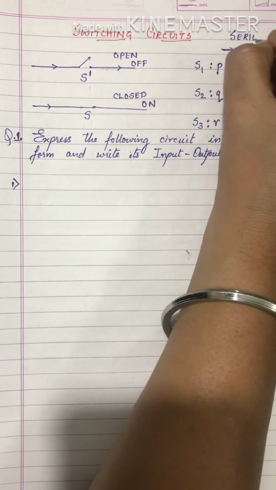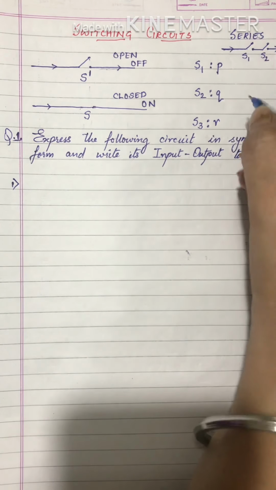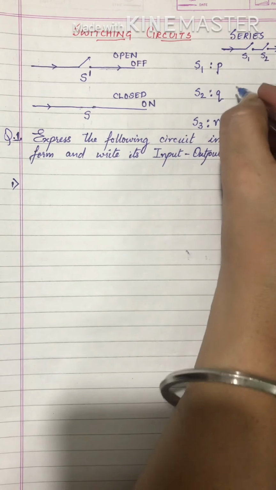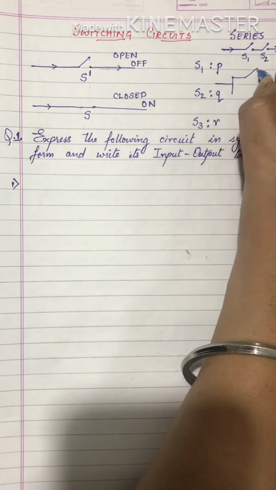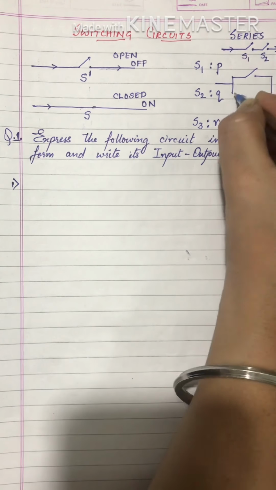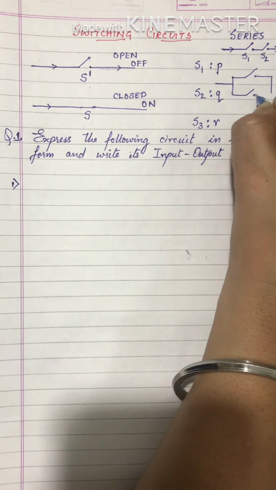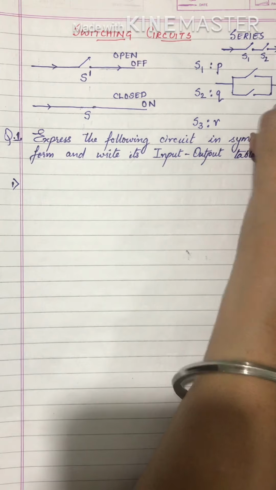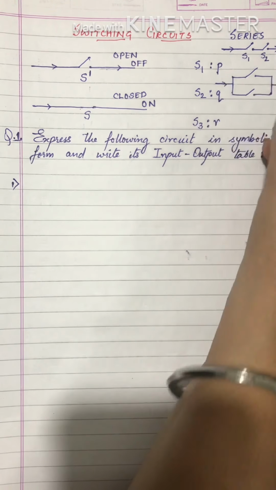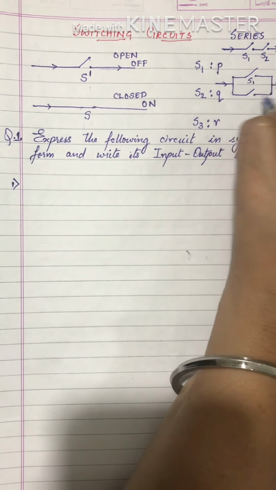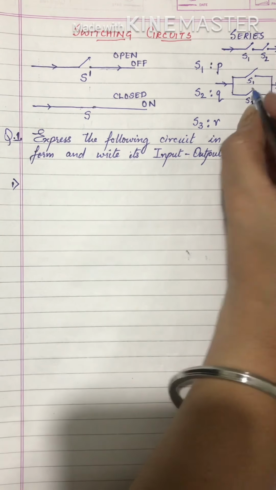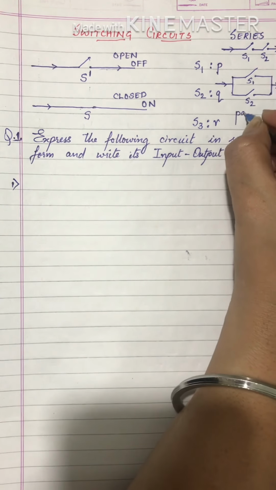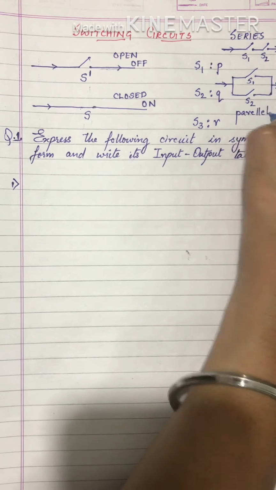And there is one more type of connection, I'll try to show it here. This way, you'll see the switches are connected in parallel position to each other. So these are the connections of switches in parallel.